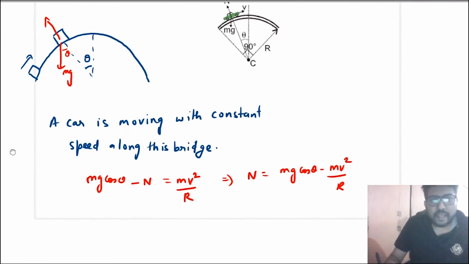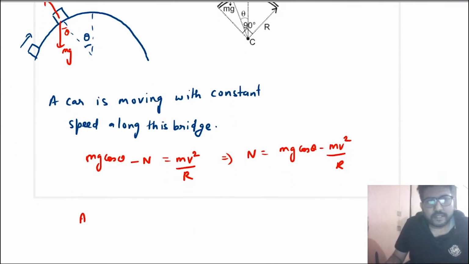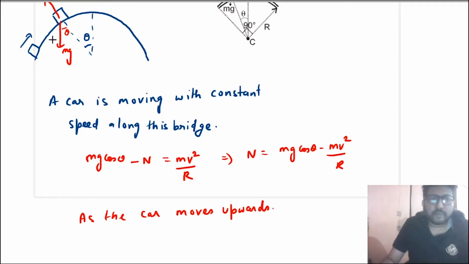Now as the car moves upwards, listen carefully, the speed is constant. I have assumed this speed to be constant. As the car moves upwards, theta decreases. If theta decreases, cos theta increases. If cos theta increases, normal increases. So as the car moves upwards, the normal increases.